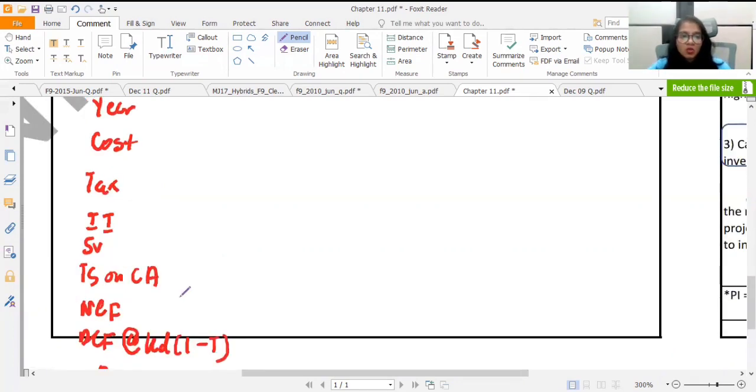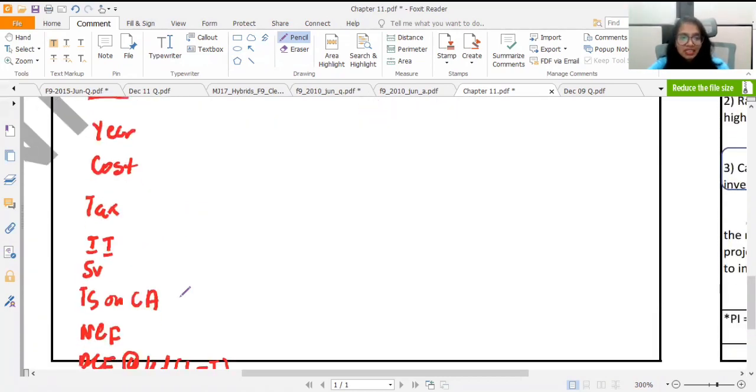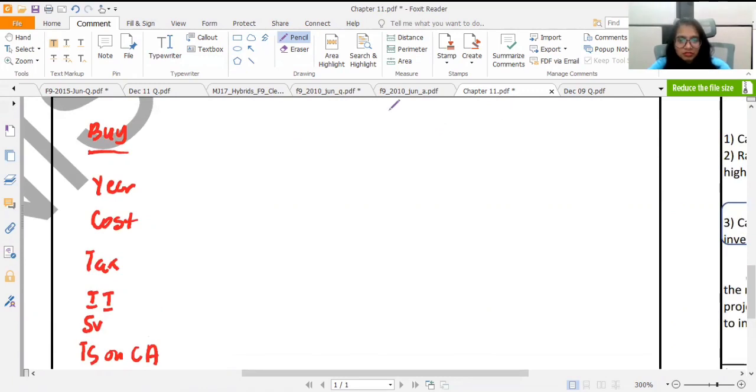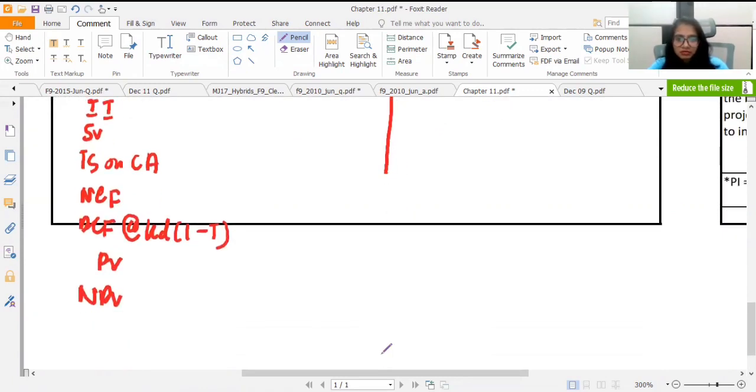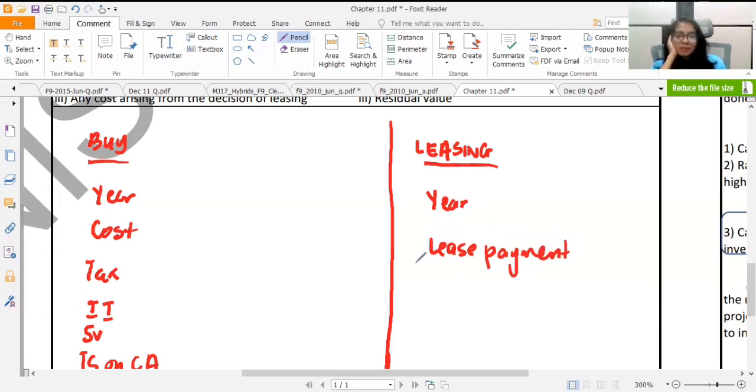Okay, so this is one of the areas. Now, remember, for leasing, I'm just going to draw a line in the middle here. For leasing, you must remember, you have lease payment. Because you have lease payment, your lease payment is a negative, an outflow.